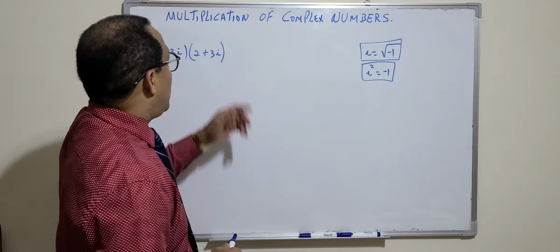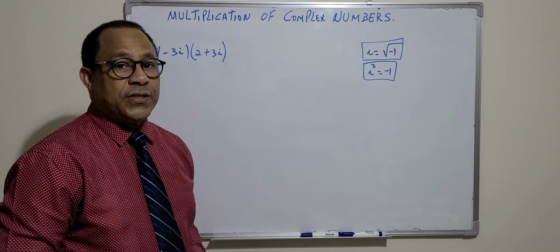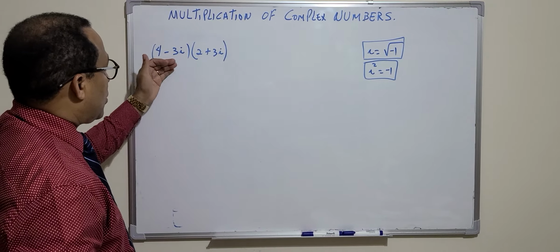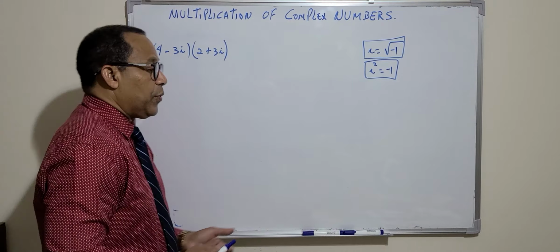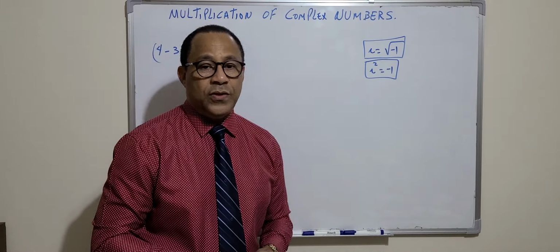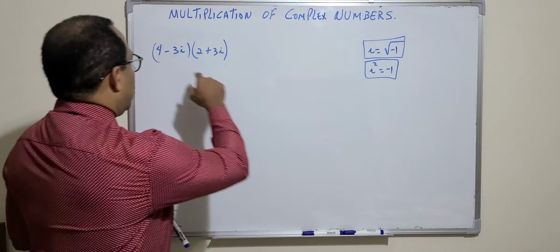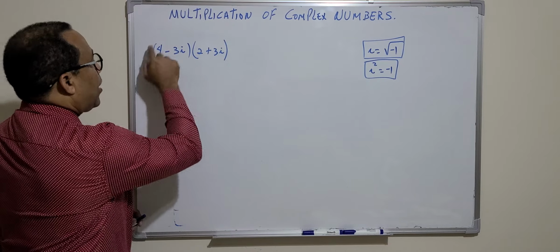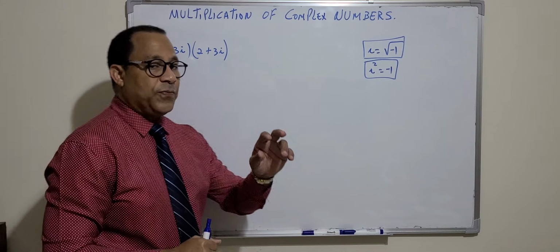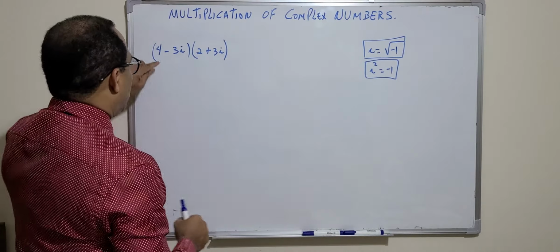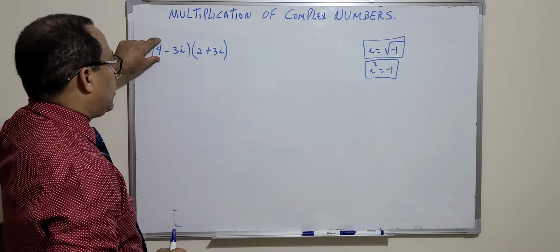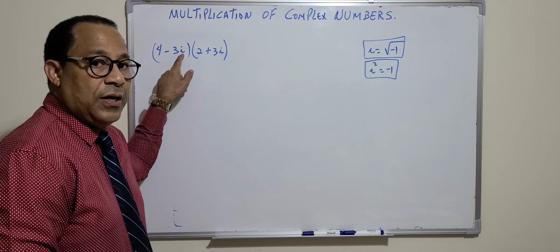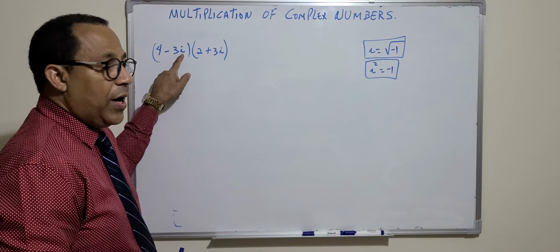Now we are going to be working with multiplication of complex numbers. We are multiplying these two complex numbers, and like we said before, when dividing complex numbers, this is a binomial, and it's a complex number because it is formed by two parts: the real part, which is the number, and the imaginary part, which contains the letter i, the variable i.